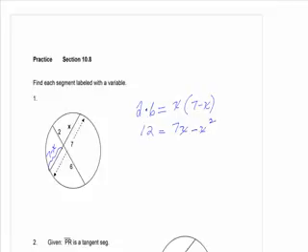I like to keep the x squared positive, so let's move everything on this side over to the other side. So I'm going to make that positive x squared minus 7x plus 12 equals 0. All of our quadratics in geometry always factor, so no problem. Who can think of the factors of positive 12 that add to negative 7? Senna: 4 and 3, but what about our signs?